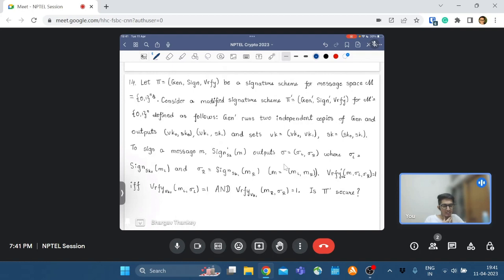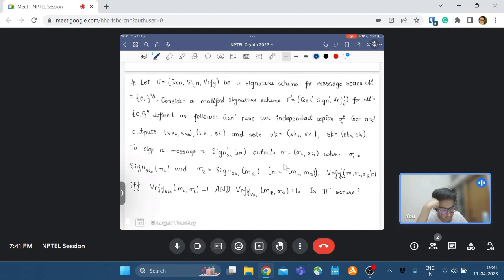Consider a modified scheme pi prime equals Gen prime, Sign prime, Verify prime for message space M prime equals {0,1}^n, defined as follows. Gen prime runs two independent copies of Gen and outputs vk0, sk0, vk1, sk1, and sets the verifying key vk to be vk0, vk1, and the signing key sk to be sk0, sk1.